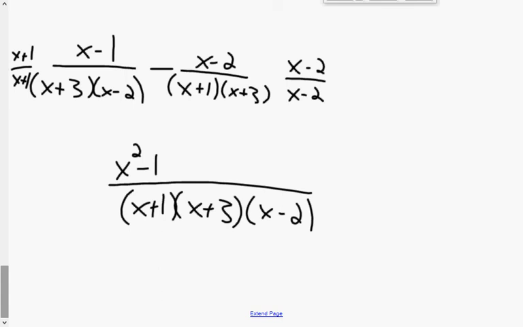Now, with the subtraction one, put the subtraction sign there, and then do everything else in brackets. Because what happens when you multiply everything by a negative? It changes the sign.